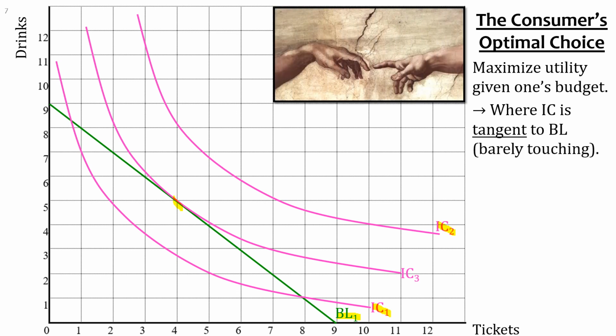So that's the optimal point, and that's a useful thing to remember. Whenever you want to find the optimal consumption bundle, it is where the indifference curve is barely touching the budget line. In this case, it would be point O on the diagram.